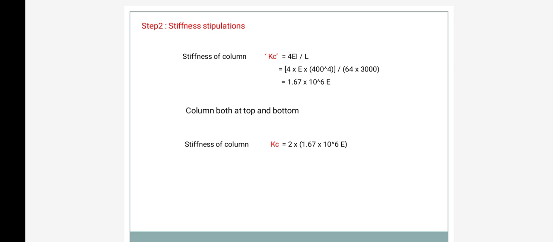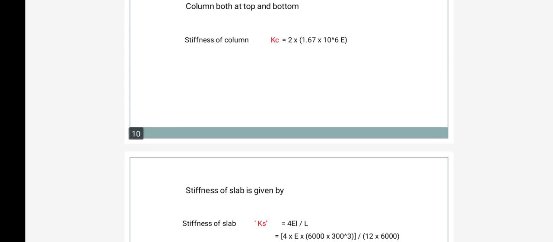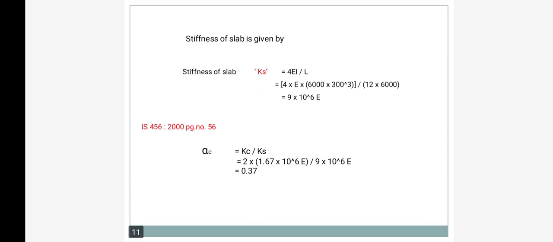I is the moment of inertia, that is 400 to the power 4 divided by 64. Therefore stiffness is equal to 1.67 into 10 power 6 E. The column both at the top and bottom, so stiffness of column K is equal to 2 into 1.67 into 10 power 6 E. The stiffness of slab Ks is given by 4EI by L. Therefore the answer is 9 into 10 power 6 E.